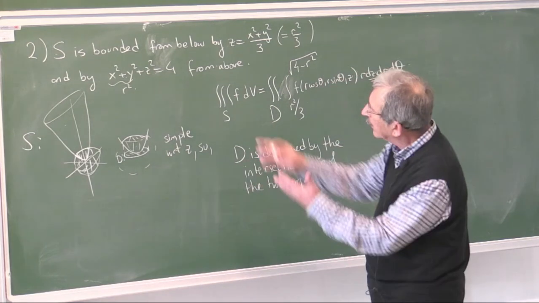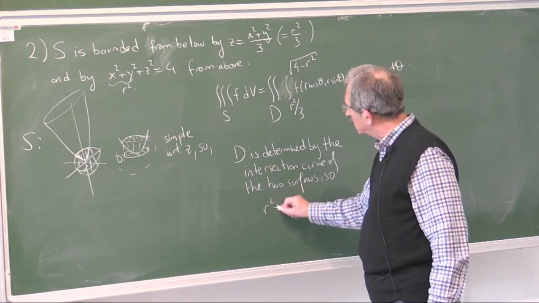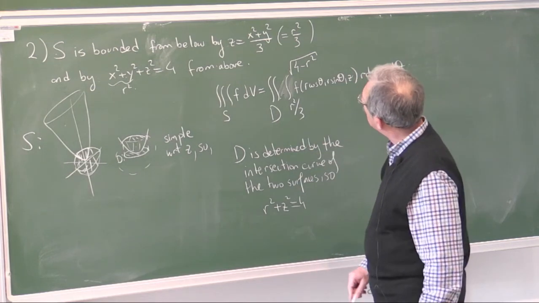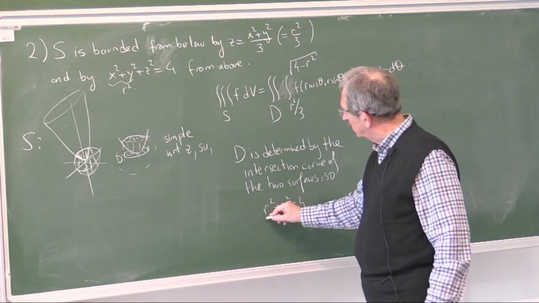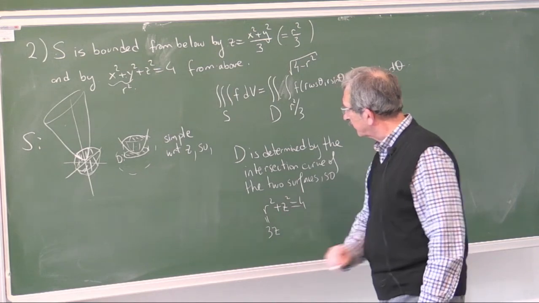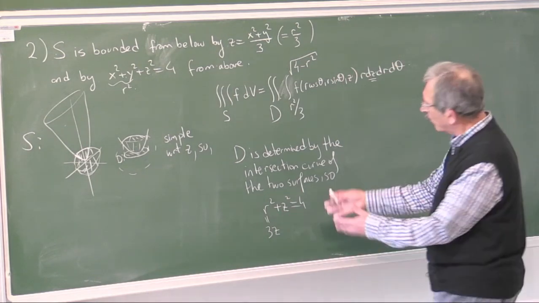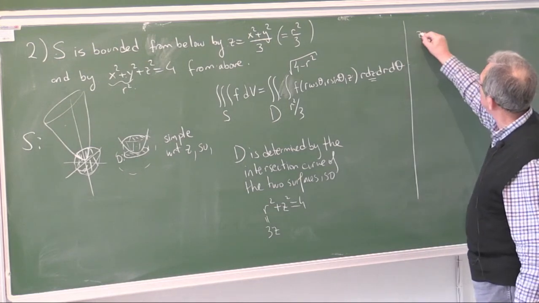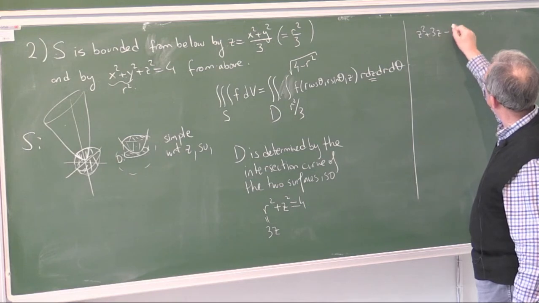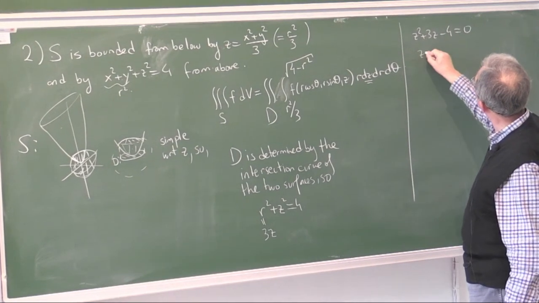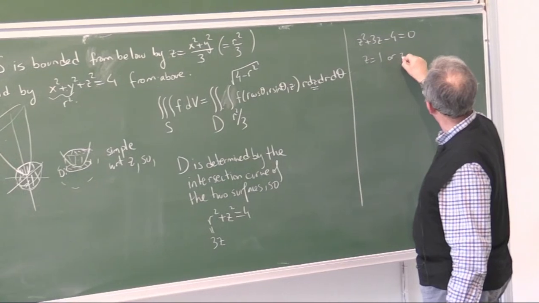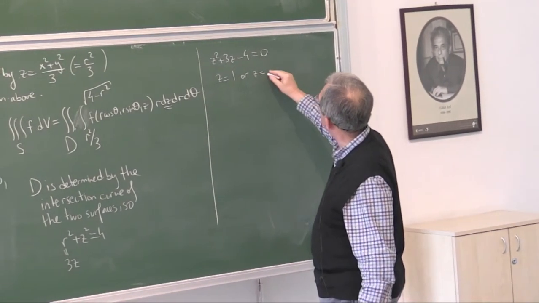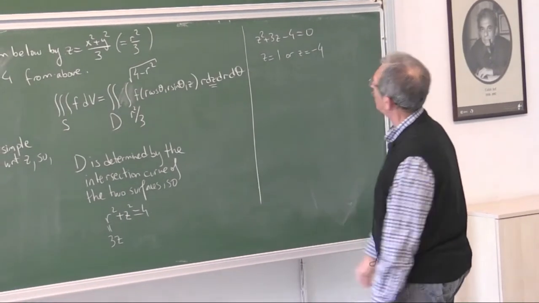So we equate them. Okay, r squared plus z squared is 4, and r squared is 3z. Okay. This, of course, tells us that we have z squared plus 3z minus 4 is 0, which means that z is 1, or z is minus 4.